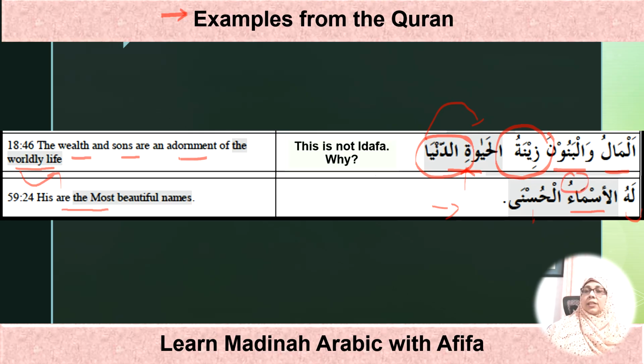And al-husna is the adjective, beautiful names. And again, note that al-asma'u is feminine, and we talked about these markers of feminine in a previous lesson on gender. So this is a feminine noun, and al-husna is also feminine. So the gender matches for the adjective.